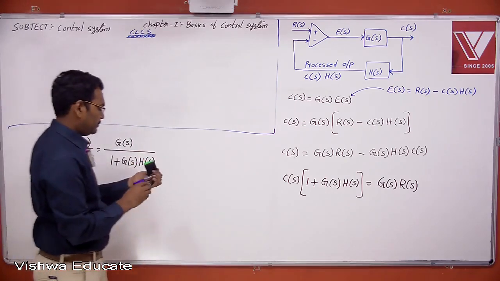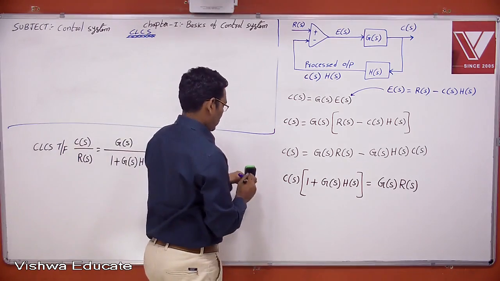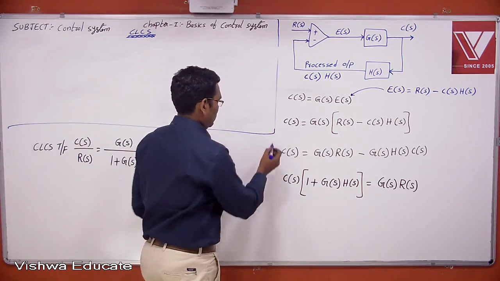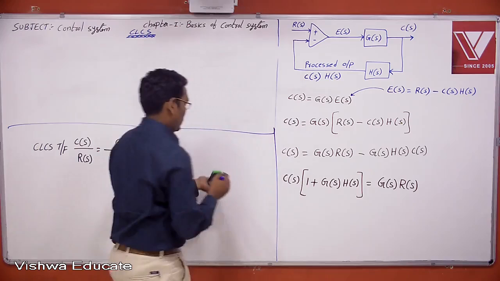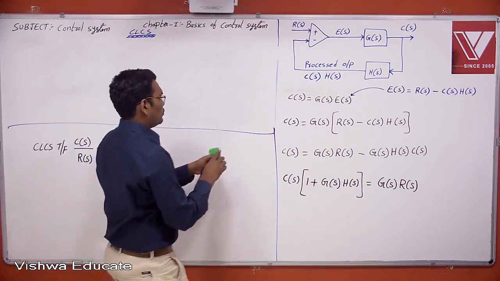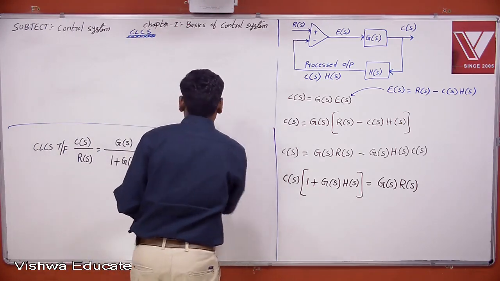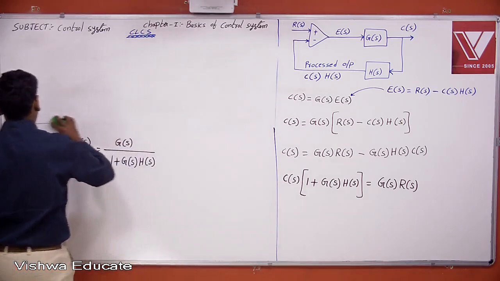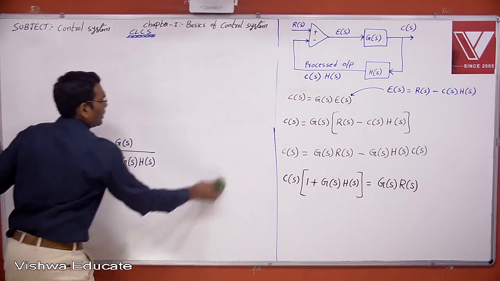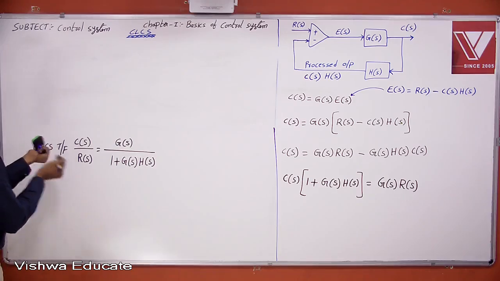Now see here, now what is the closed loop control system transfer function? Now this is the closed loop control system transfer function.